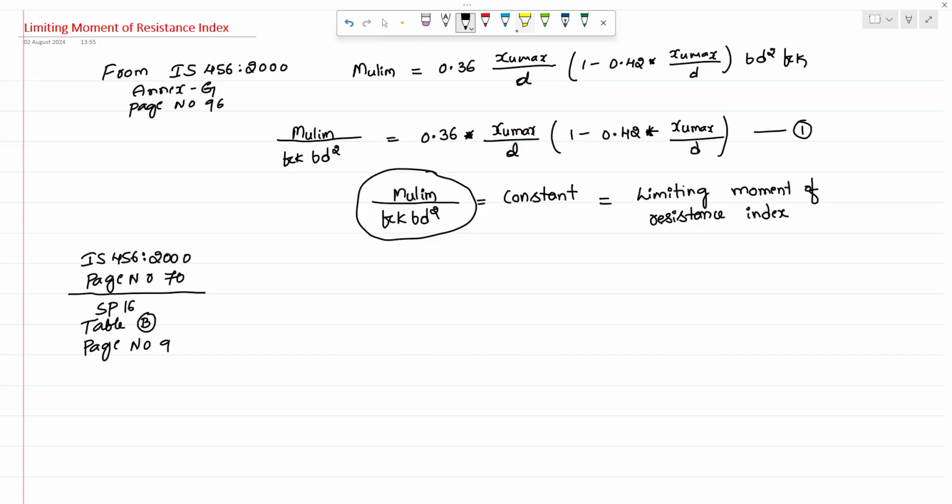So you have different grades of steel and corresponding xu max by d values.